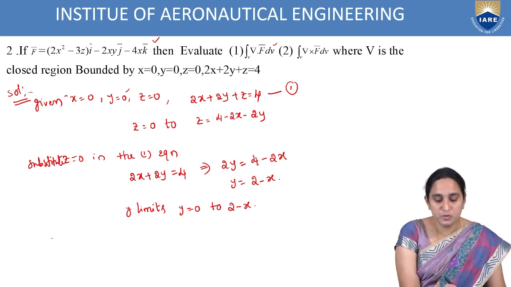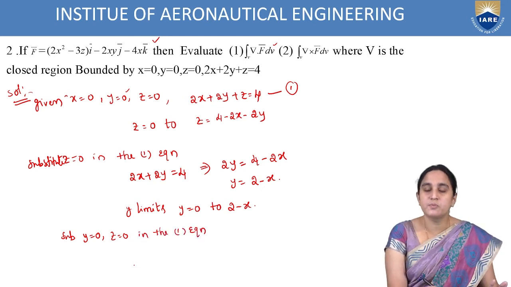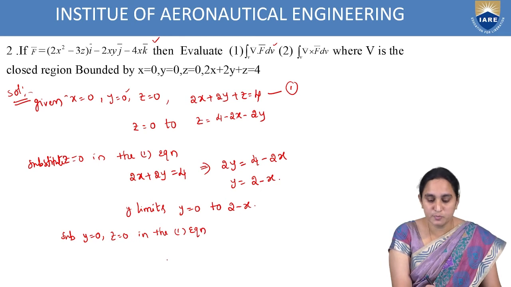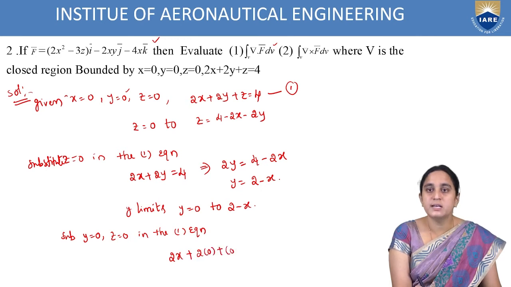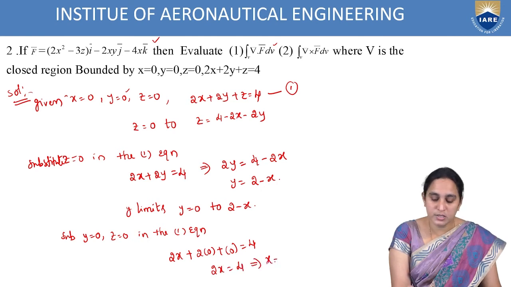Next, I am substituting y and z as 0 in the first equation. From that we got the x point: 2x plus 2 into 0 plus z as 0 is equal to 4. From that 2x is equal to 4, x is equal to how much? 2.